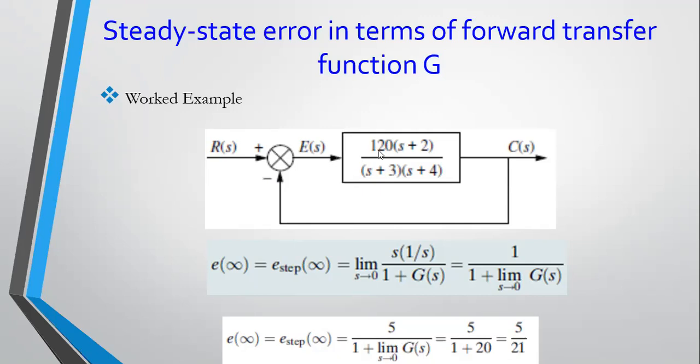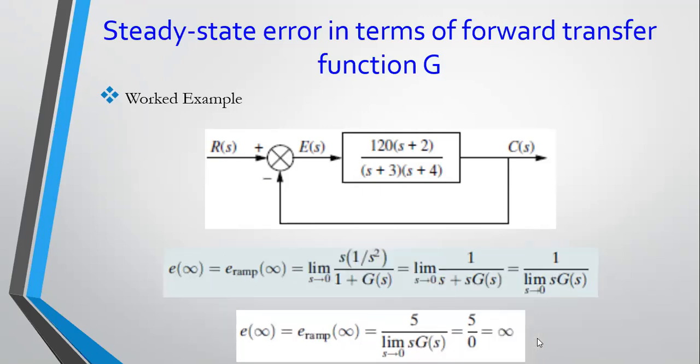If you do that limit here, you're going to get 120 times 2 over 3 times 4. So if you work this out, 120 times 2 over 3 times 4, you get 12, and then 120 over 12 gives 10, times 2, you get 20 here. So your steady state error is 5 over 21.